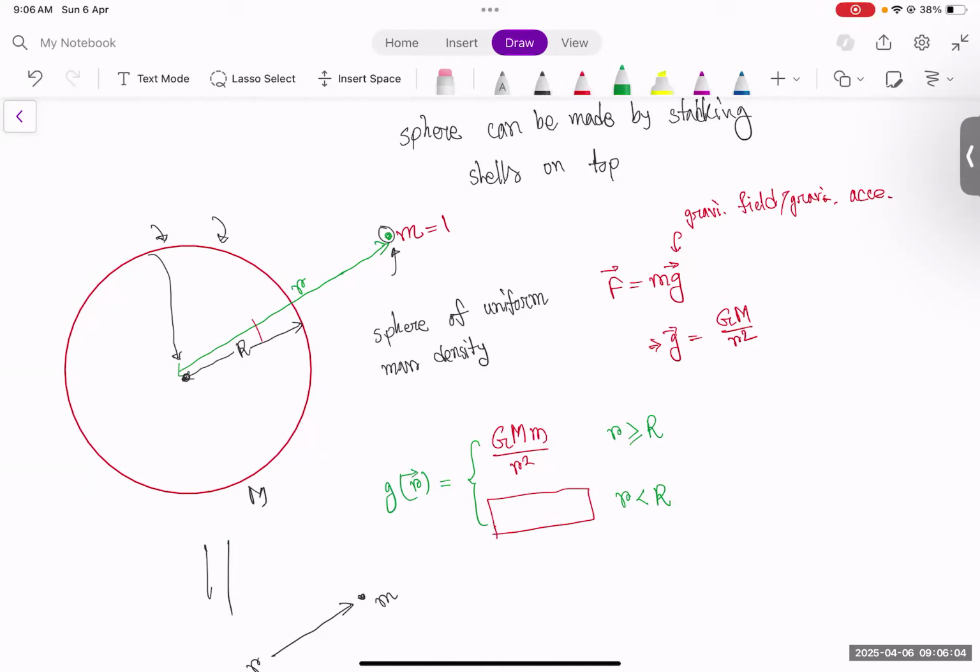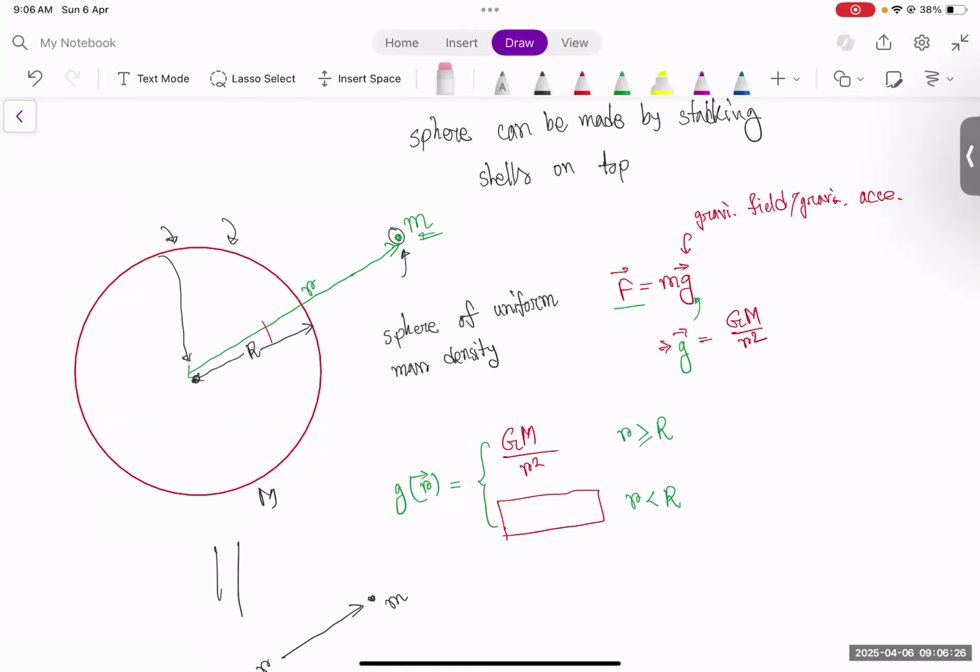Because to find the force, you need a very specific mass for which you find the force. But if you find the gravitational field, then getting the force is no issue. Whatever mass you have, you just multiply it with the field and you get the force.